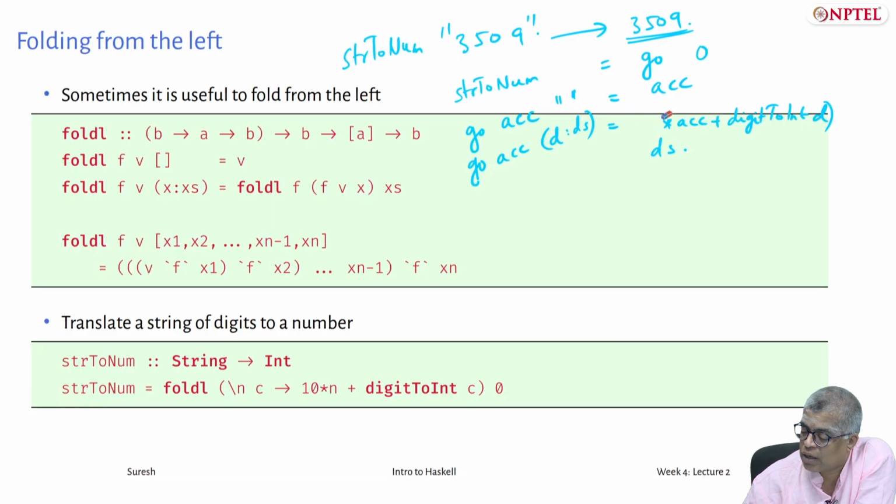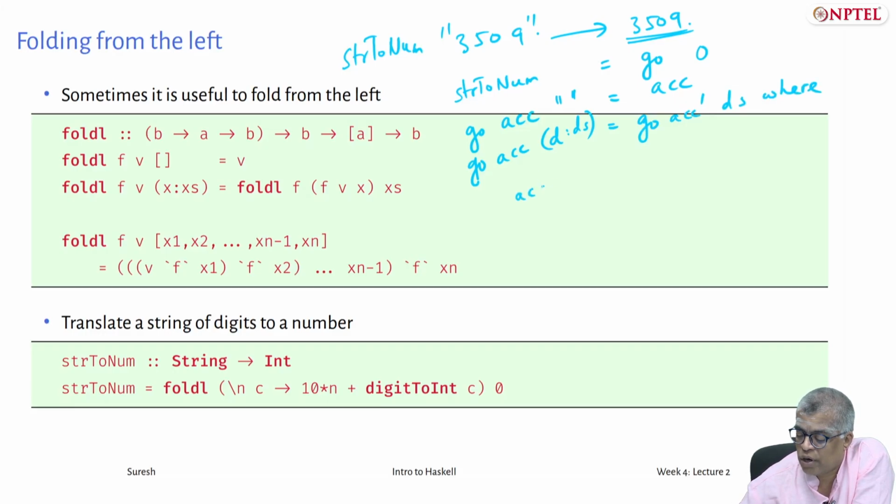Okay, so let me write it clearer. Go accumulator prime, let us say, of ds, where accumulator prime equals 10 times accumulator plus digit to int of d.